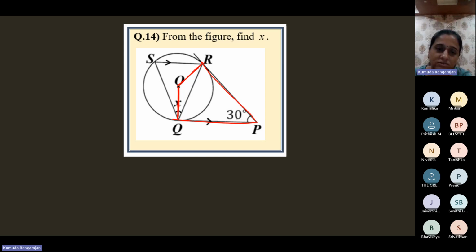Why? Because radius tangent 90, radius tangent 90, 90 plus 90, 180. You should identify the figure correctly.